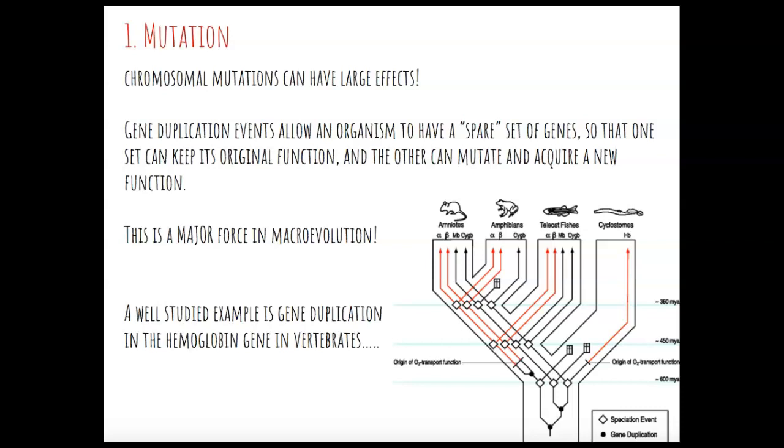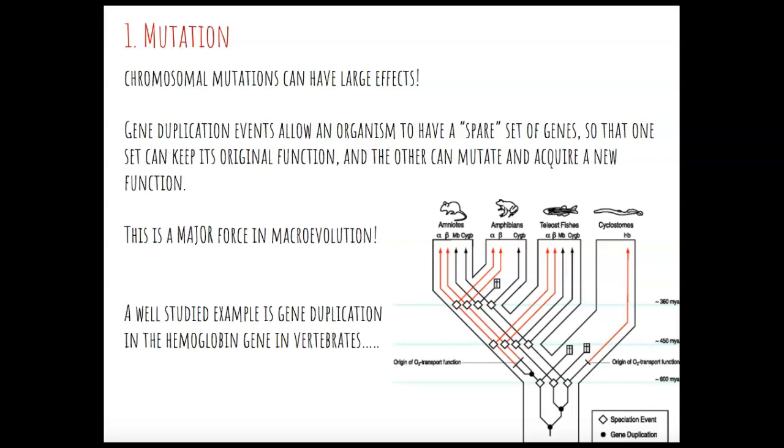A well-studied example of gene duplication is in hemoglobin in vertebrates. So we've had two separate gene duplication events in hemoglobin that allowed the radiation from fishes to amphibians to amniotes.